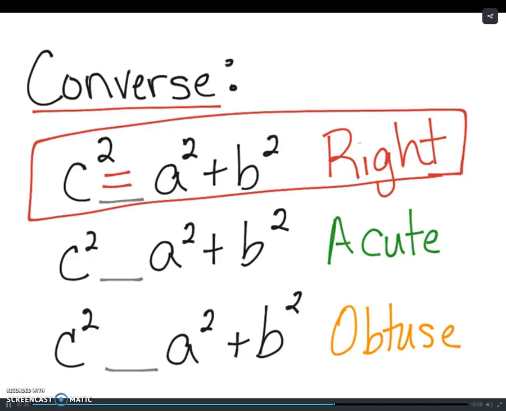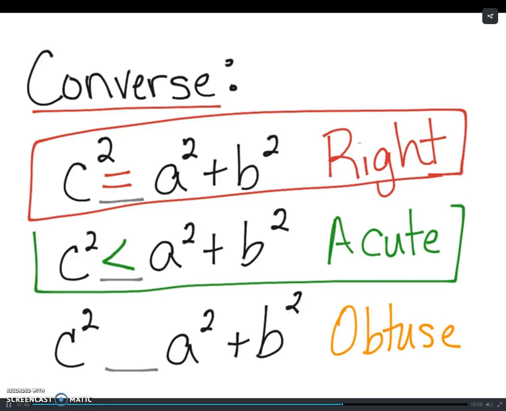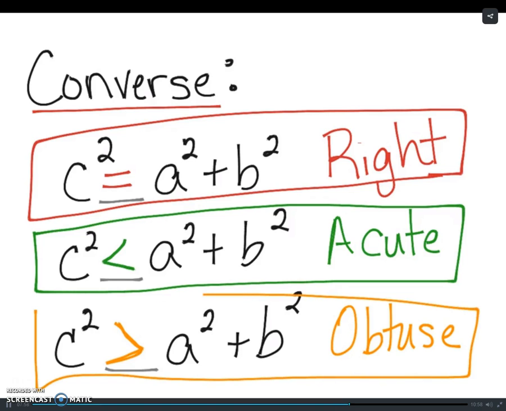If we find out that c squared is less than a squared plus b squared, then we're going to know that this would be an acute triangle. And if we find out that c squared is greater than a squared plus b squared, then we'll know we have an obtuse triangle. Okay?